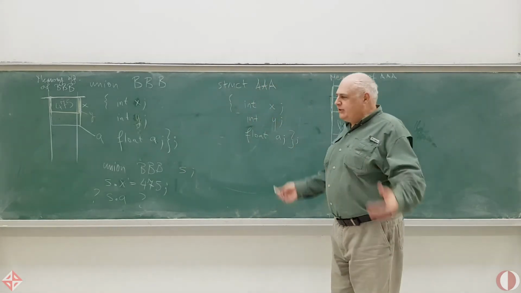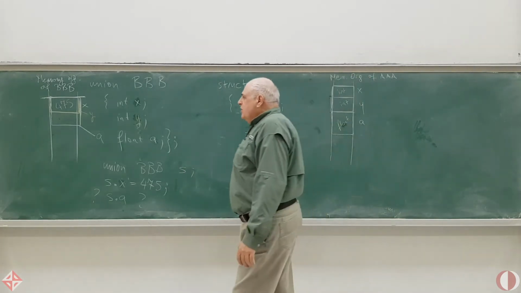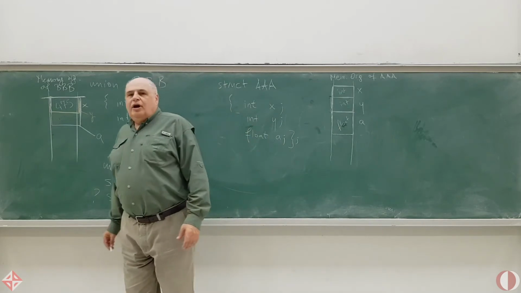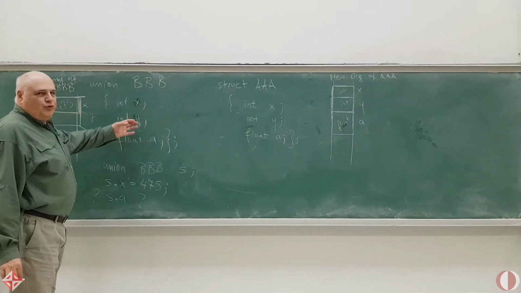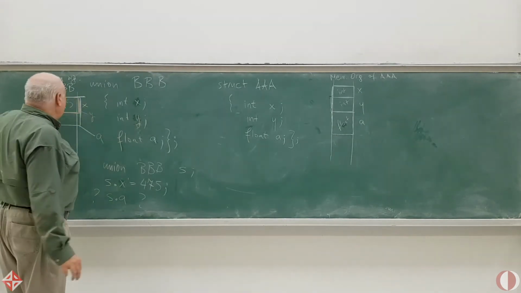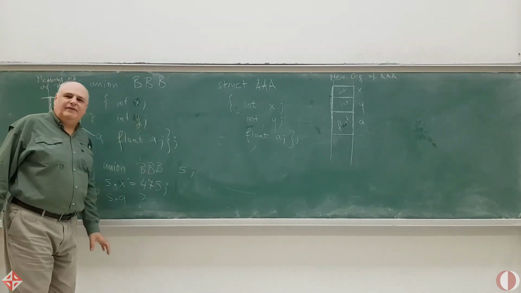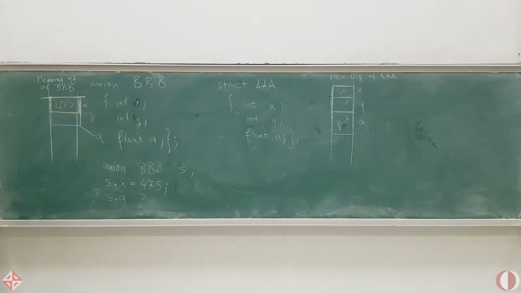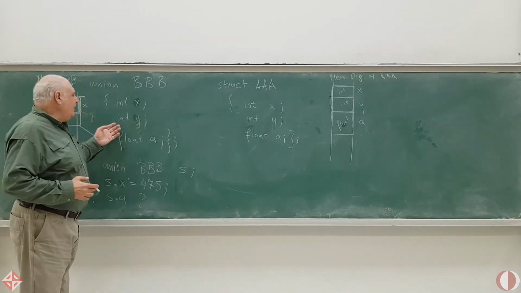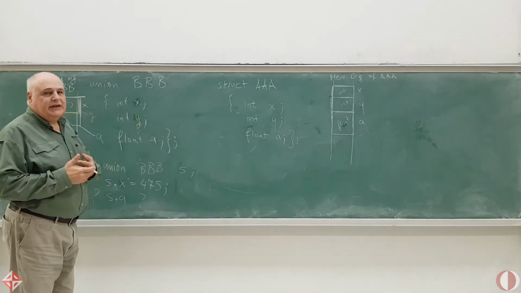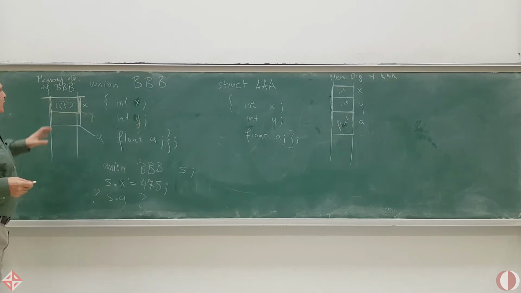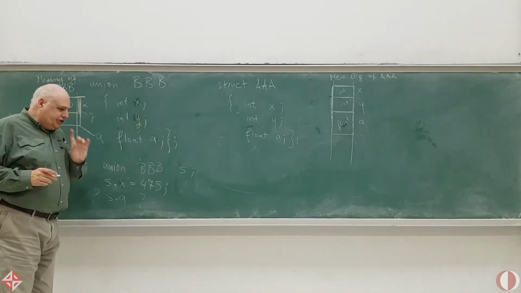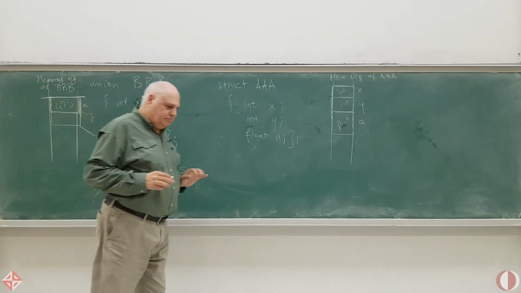If it's integer, then integer. As a chance, if you would use the y field, you will get your hands on 475. But if this would be something else, let's say long integer, then again you would be in trouble. You would have a strange entity sitting over there.